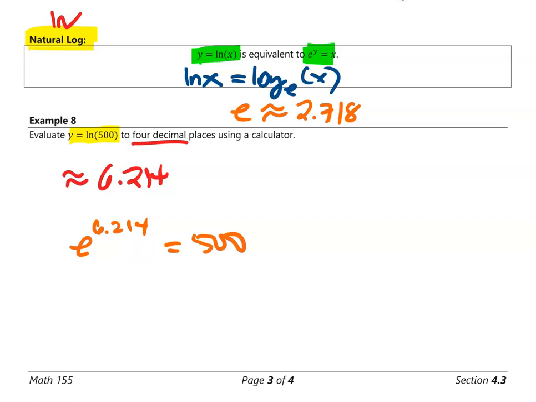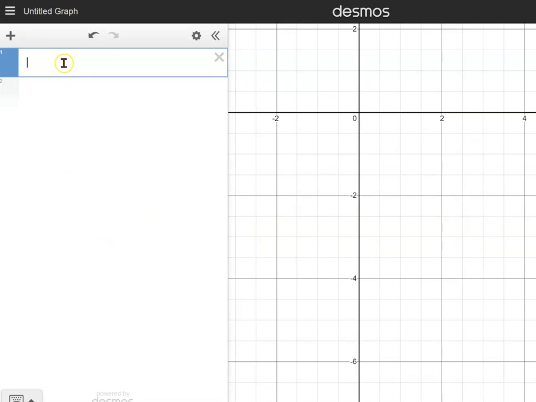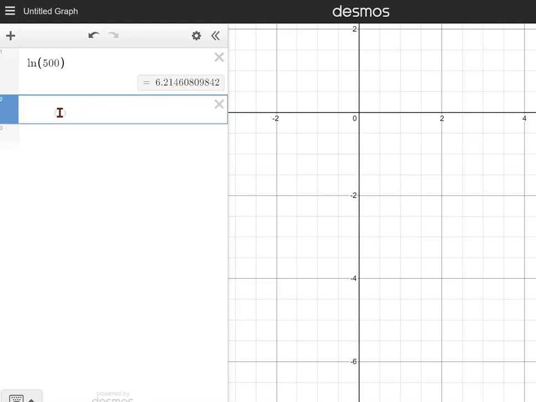I'll show you using decimals. So here just type ln of 500 and you'll see that that is equal to 6.214. Also, you can use e raised to 6.214, which is almost 500.